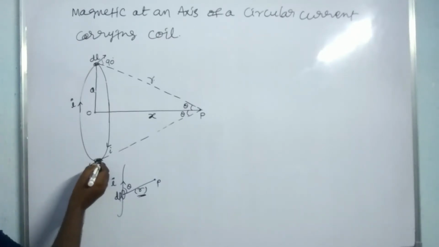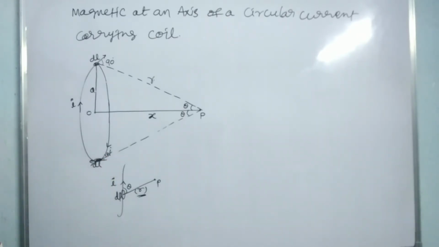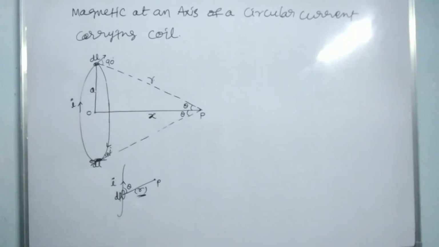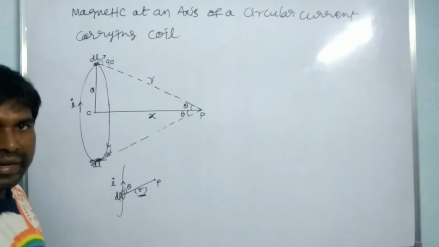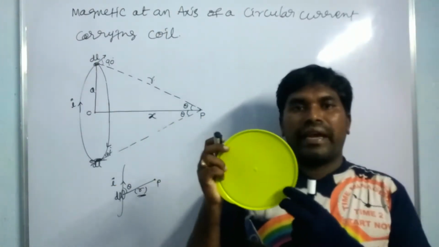At this point the current is dl, and the angle is 90 degrees. So whatever dl element we choose here, it has 90 degrees to r. So this is the circular current carrying coil.